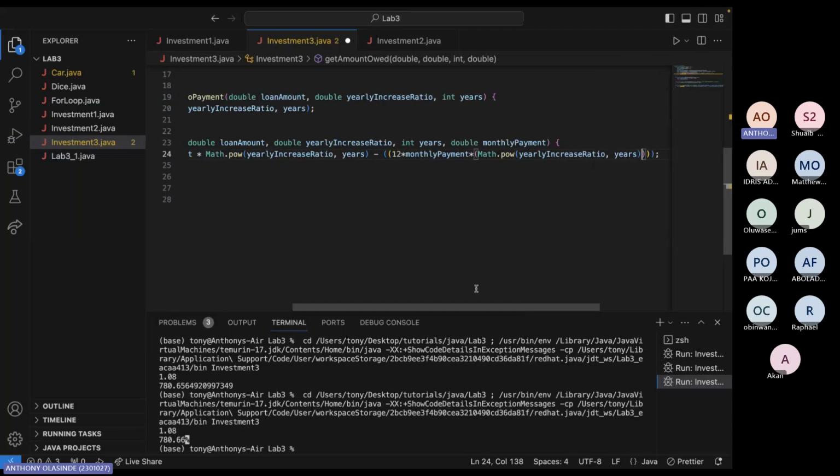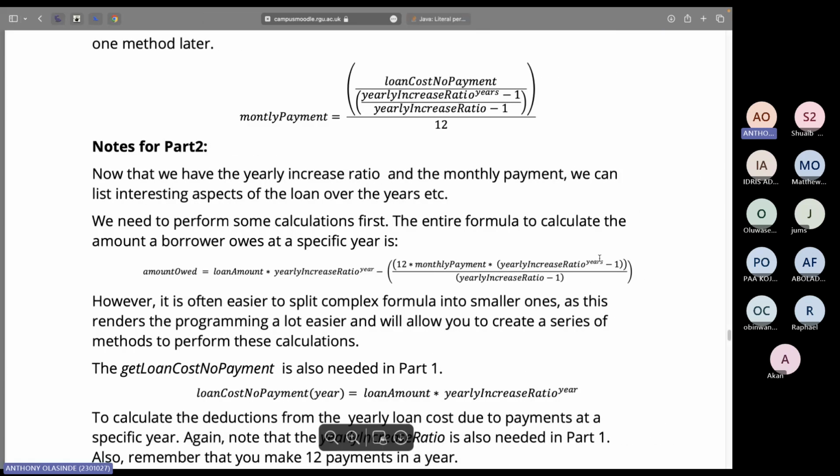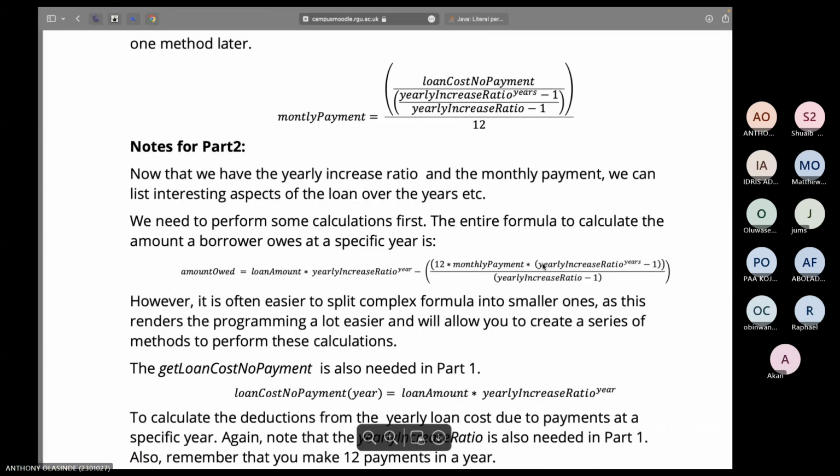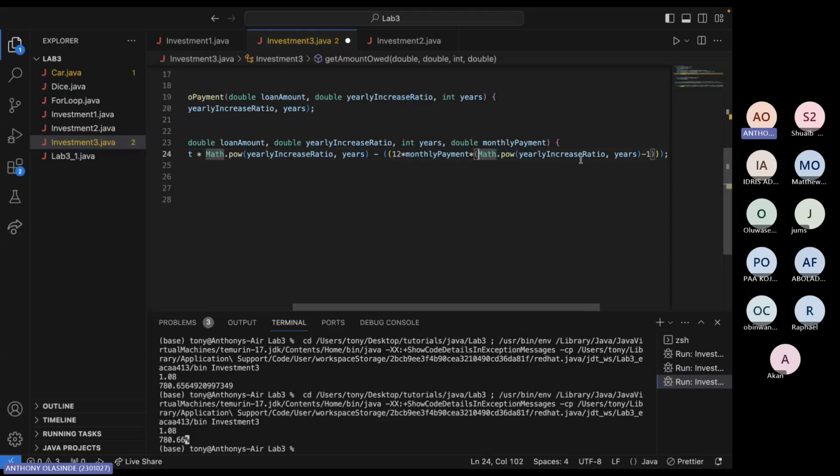Then right after it we have minus 1. So you can see that this bracket encompasses the power and the minus 1. So that means it's in one thing. Then that whole thing is closed.